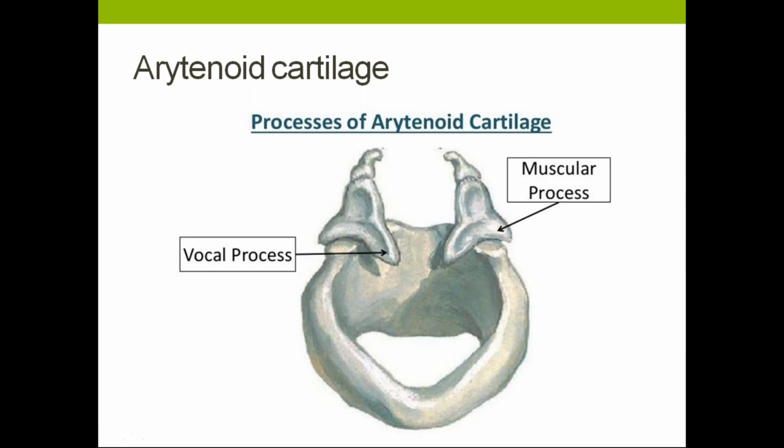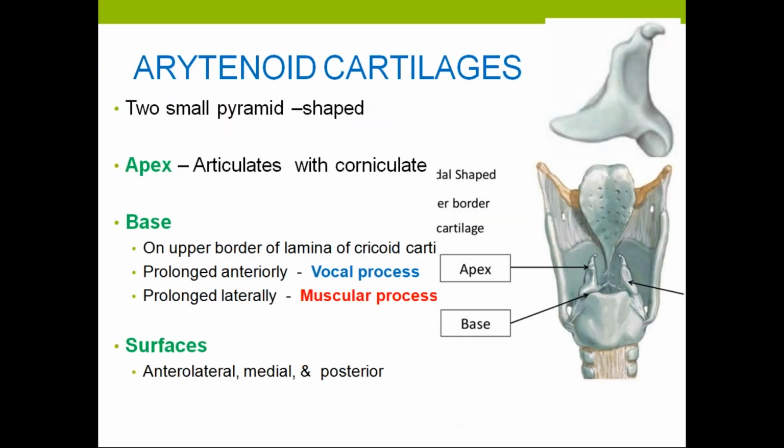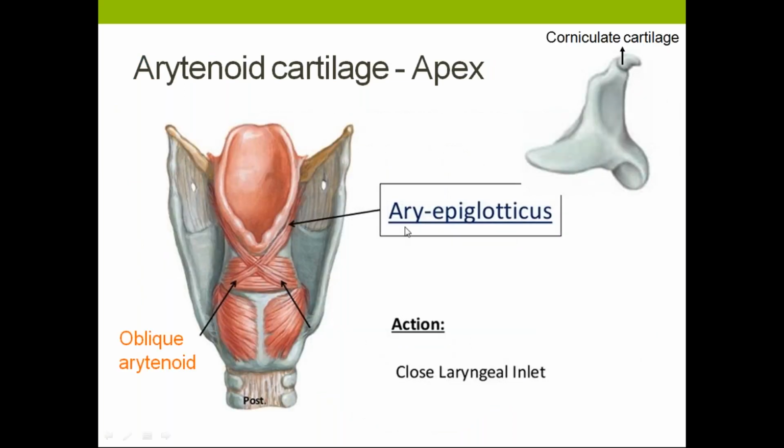Next we'll see about the apex. I already said the apex articulates with the corniculate cartilage. Other than this, it gives attachment to two muscles. What are the two muscles? One is the oblique arytenoid. You can see the oblique arytenoid here.